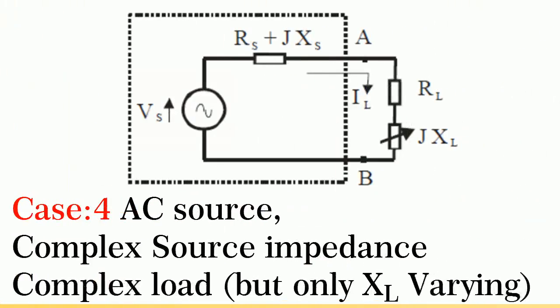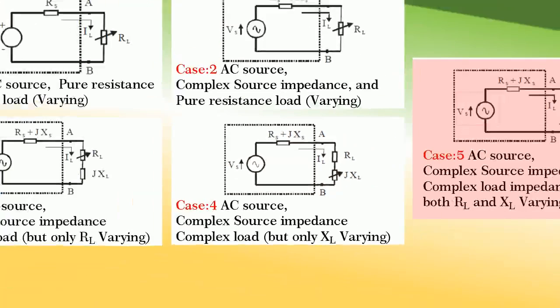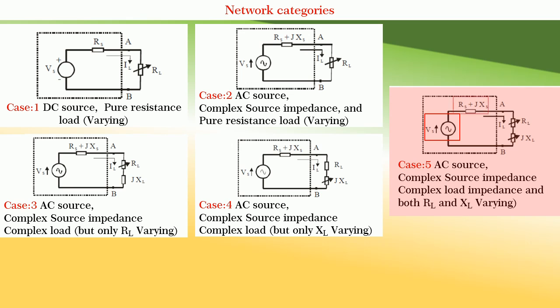Case 4, source is AC, source impedance is complex and the load impedance also is complex, but only XL is varying. Case 5, source is AC, source impedance is complex and the load impedance also is complex, and both RL and XL are varying, and we are required to find the conditions for all these cases. We shall see as and when we go further.